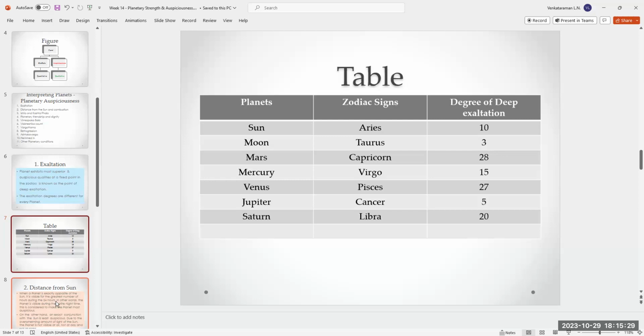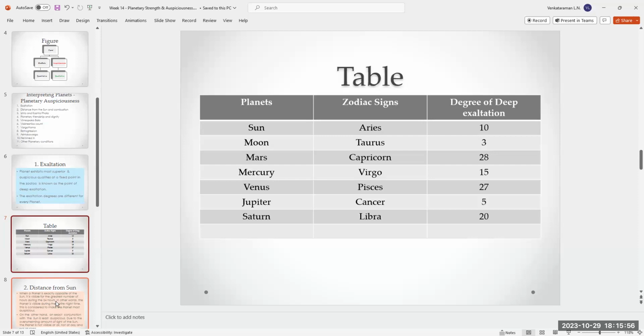It need not be about this degree. Even if you have it in this sign, you can just let me know. I have Mercury in Virgo.